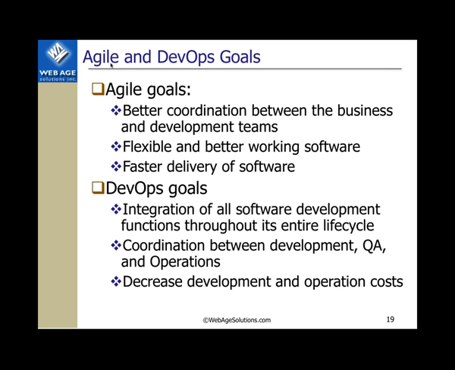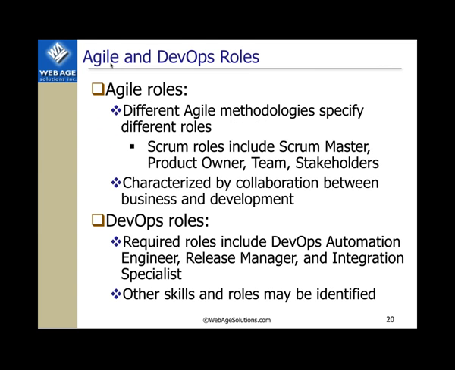If we look at the goals of DevOps, largely from an operations point of view, the goals, just looking at this as a silo, include integration of software development functions throughout the entire lifecycle, coordination between development, QA, and operations, and then decreasing development and operations costs. And it should be apparent that these goals, while somewhat different, particularly in scope, are very much complementary.